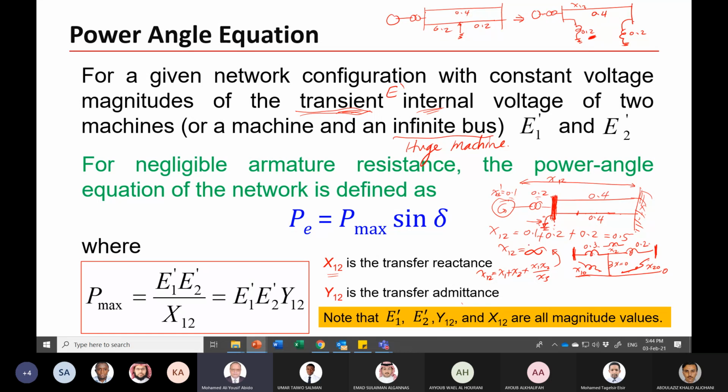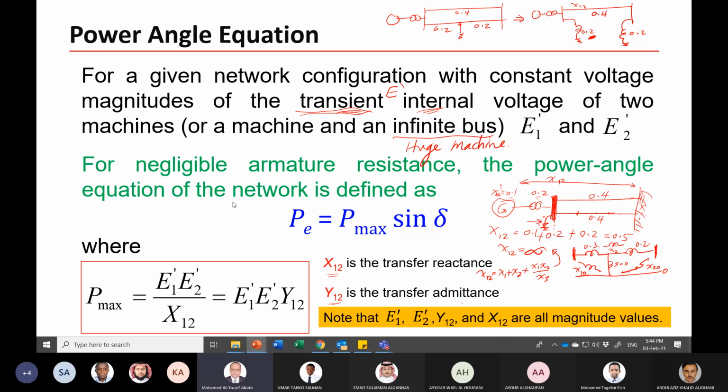But for a multi-machine system, this is not valid, and you have to go for the Y bus system. You can form the bus impedance matrix, convert it to the bus admittance matrix, and you can get x12 or y12 by matrix notation.